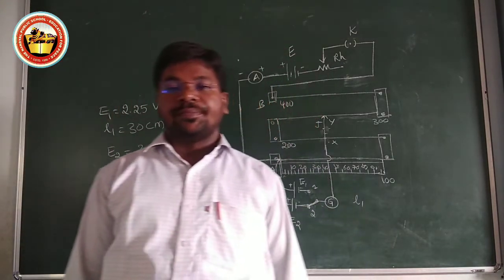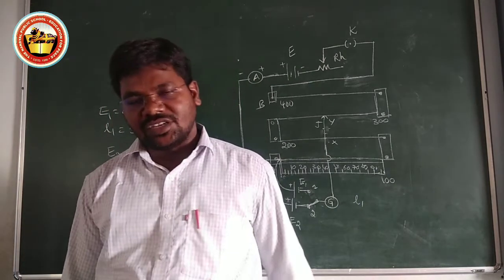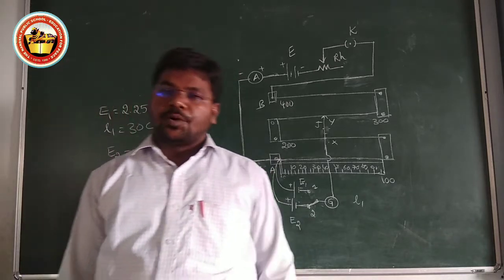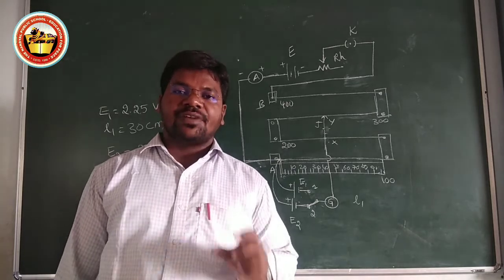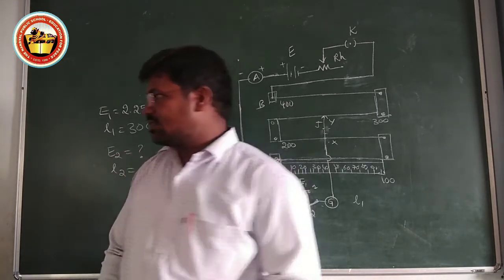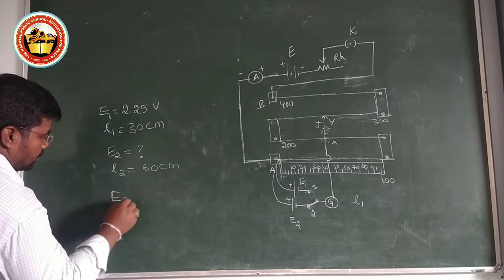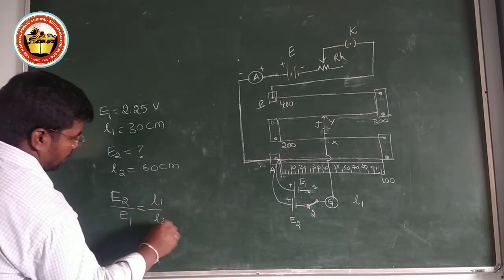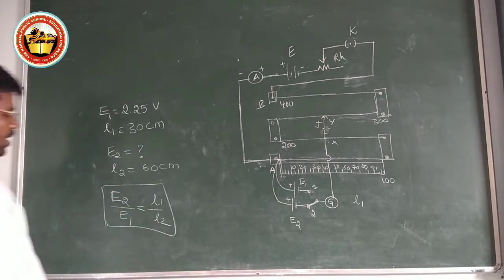Based on the formula from the previous derivation, that is the applications of potentiometer, the first one, to compare the EMF of the cells. So what is that formula?